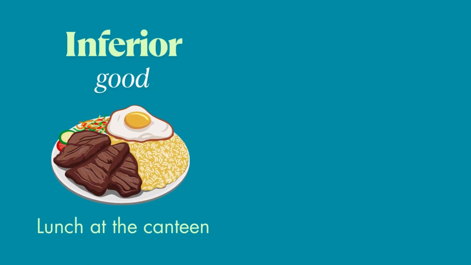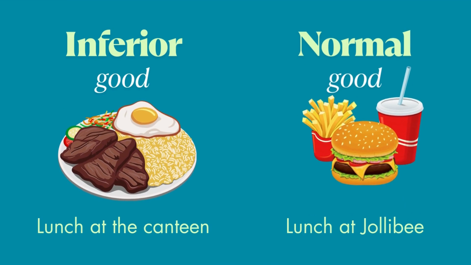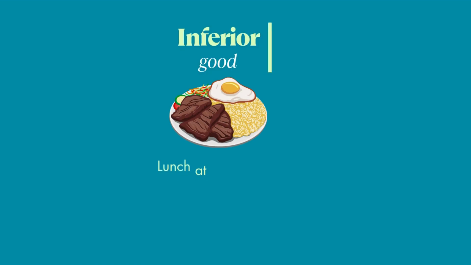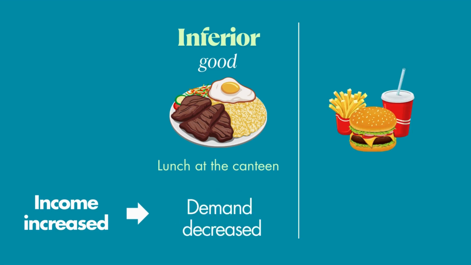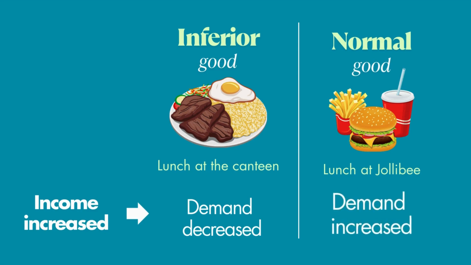The lunch at the canteen is an inferior good, while lunch at Jollibee is a normal good. To recap, inferior goods are goods for which demand decreases when income increases. And normal goods are goods for which demand increases when income increases.